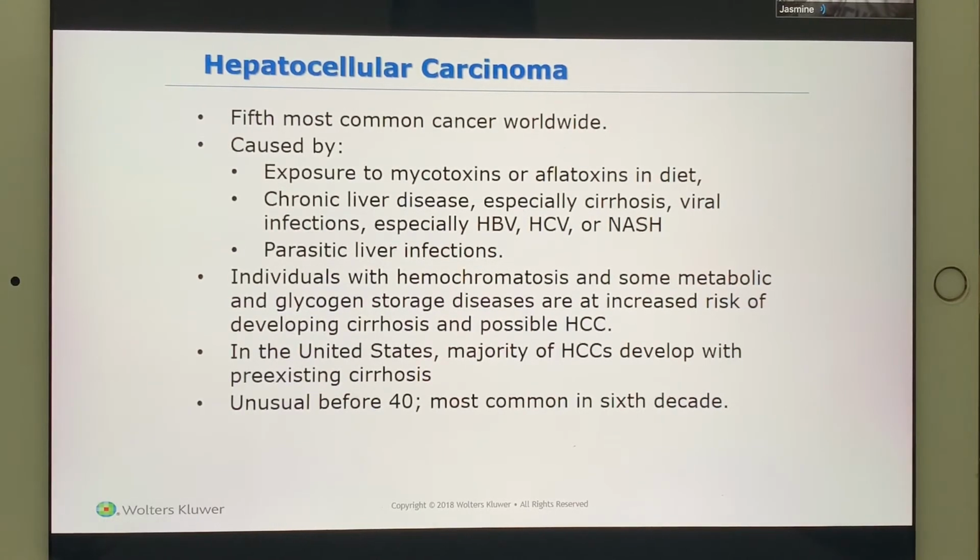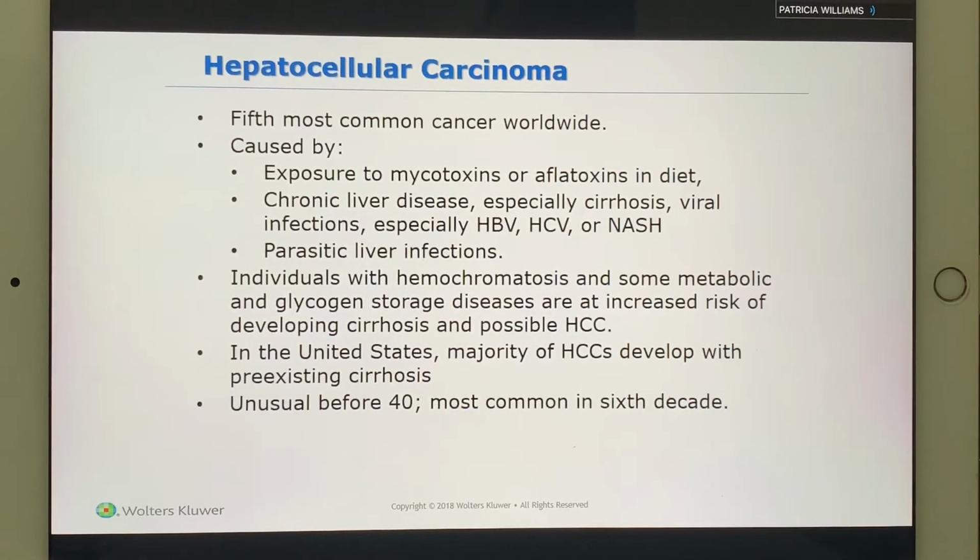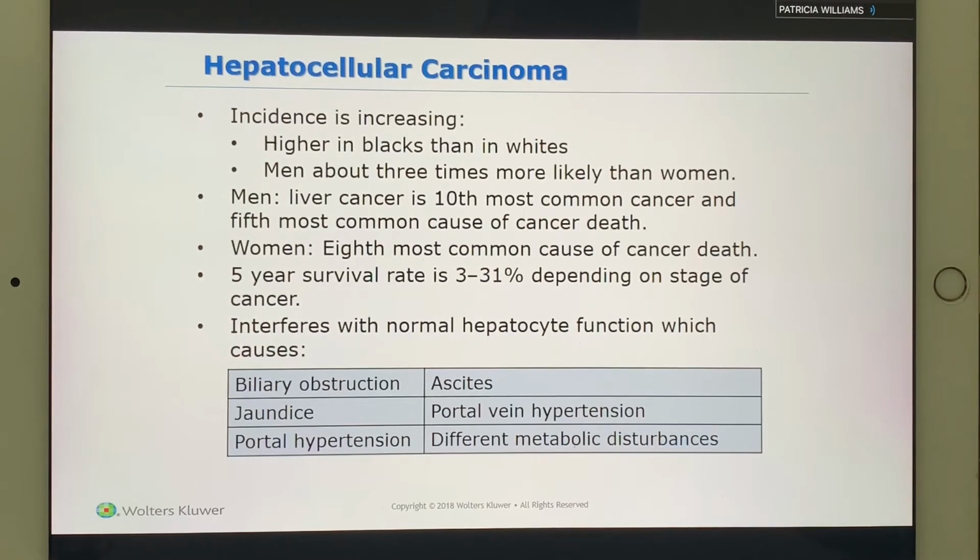In the United States, the majority of HCCs, thanks for looking that up, develop from pre-existing cirrhosis. It's unusual before the age of 40, and it's more common in the sixth decade of life. You have a higher incidence in blacks than whites. Men are 3 times more likely than women.